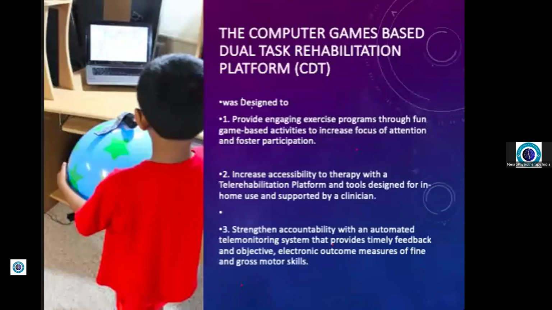So that helped us in creating environments where we can challenge children's balance while they perform these fun, commercially available games, but instead of choosing games from Xbox or Wii or PlayStation, we just went online and downloaded games that were free for play. And we created a low cost version.